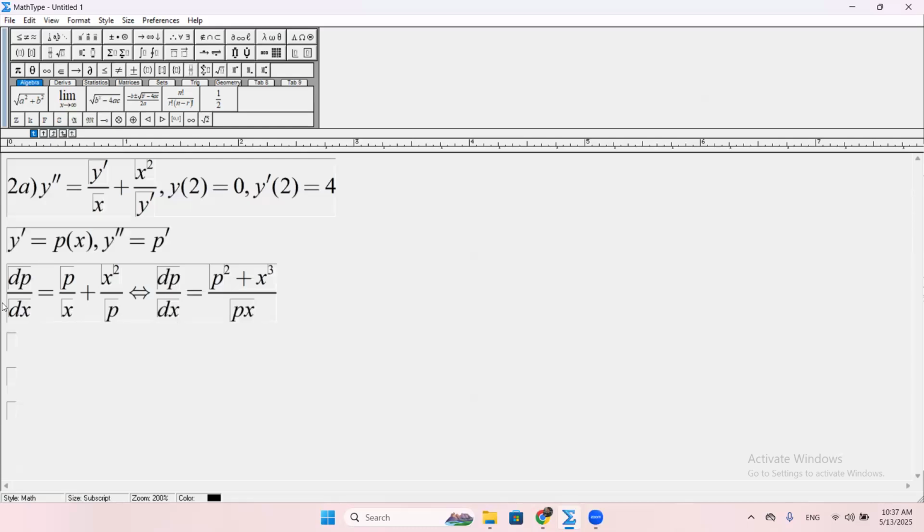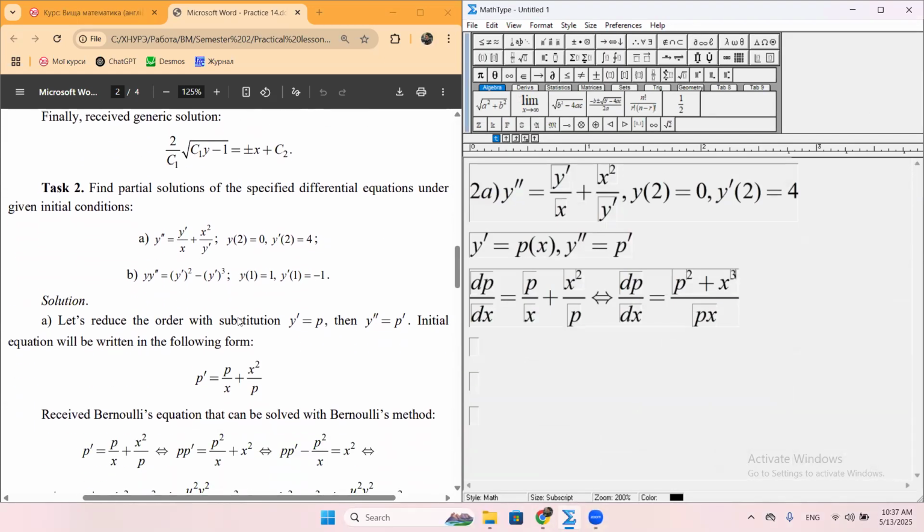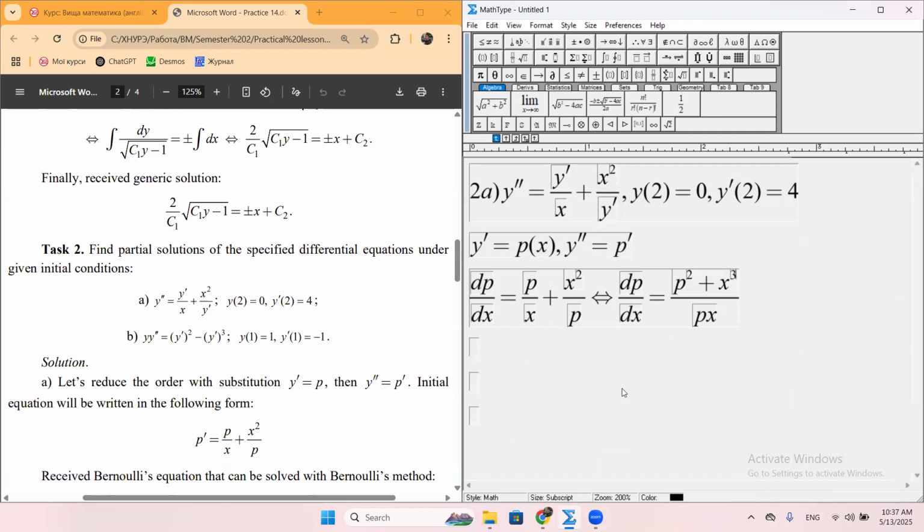And by the way, I forgot, let's pay attention that we have Bernoulli's equation.